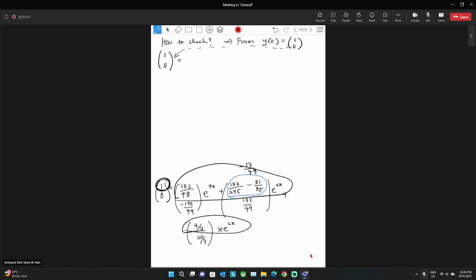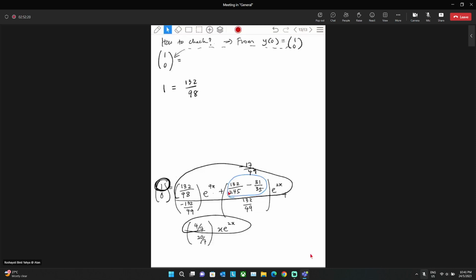Okay, let us try. So, here 132 over 98. So, 1 equal to, take the first line first, 132 over 98. After that, exponential 0 becomes 1, right?